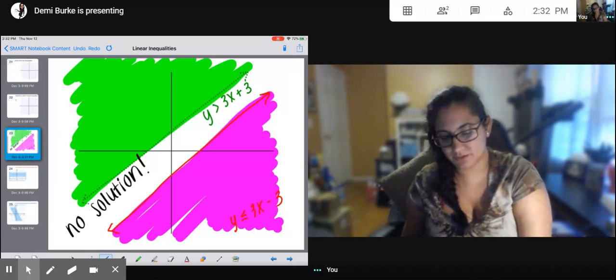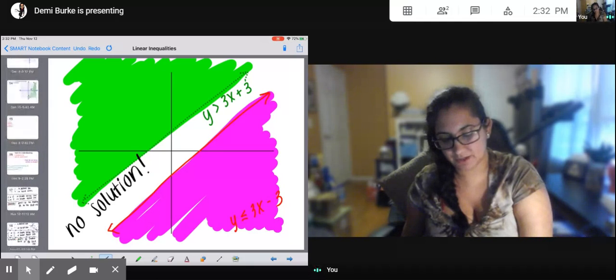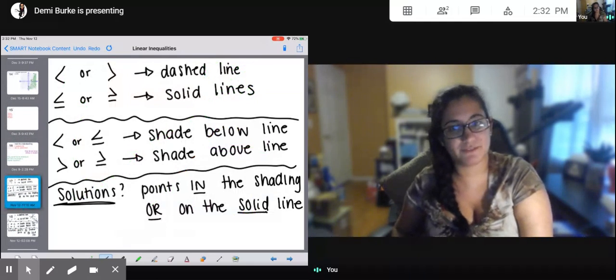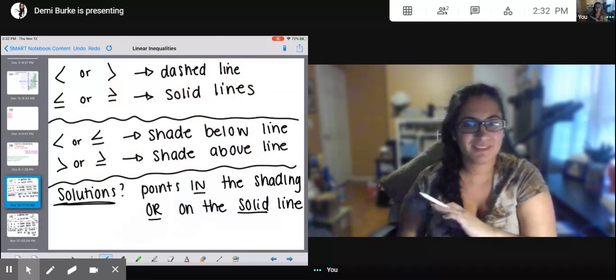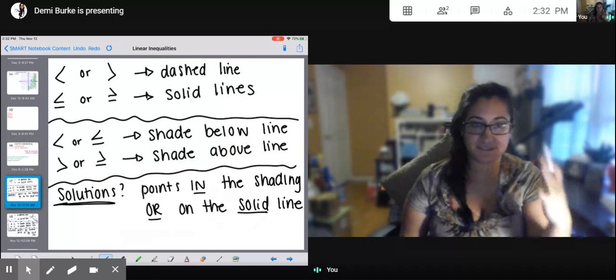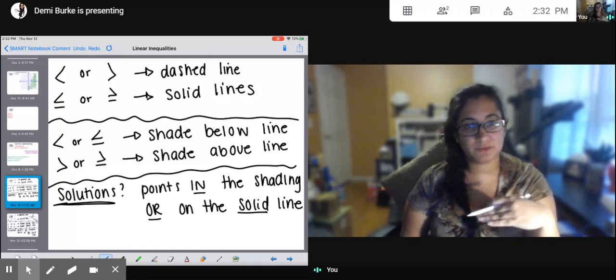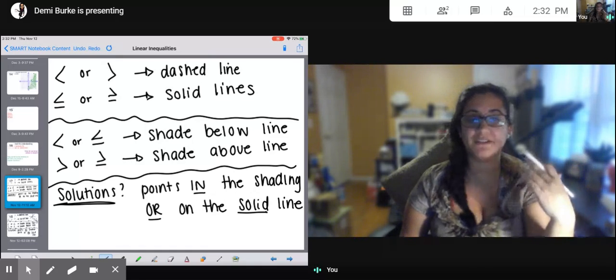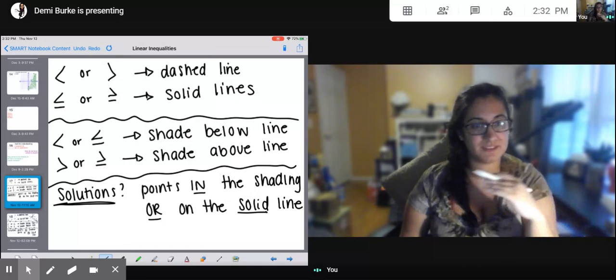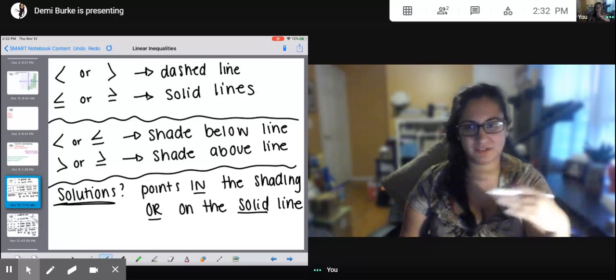I'm going to leave this back on that screen that we started on, just so you have it one last time. These are the key takeaways. Less than or greater than means you have a dashed line. Less than or equal to, greater than or equal to means that they're solid. They're including those points. Equal to means that they're included.